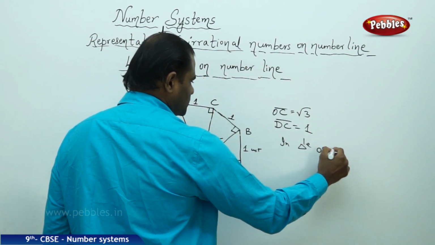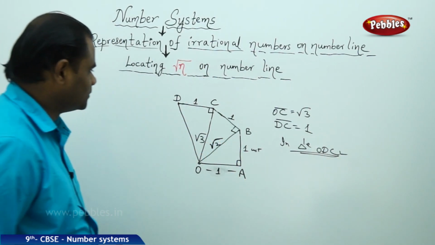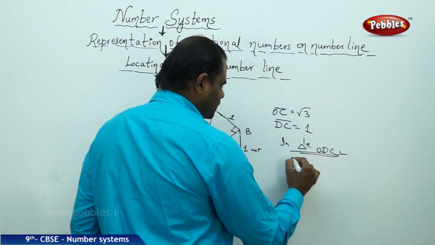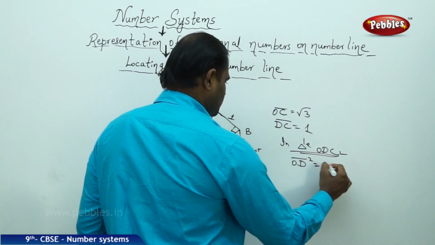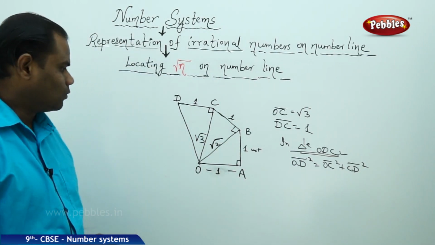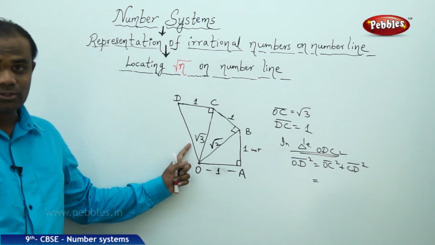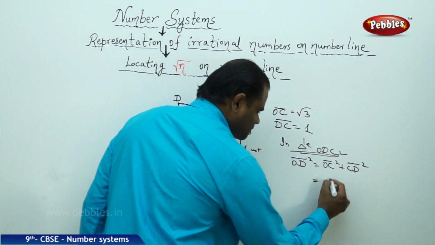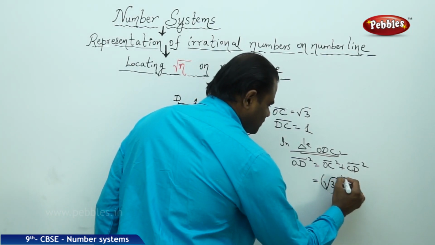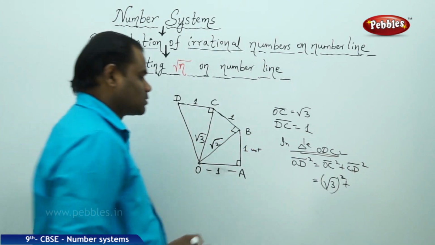In triangle ODC, which is a right angle triangle, I have the Pythagoras theorem which says OD square is equal to OC square plus CD square. Now OD square is what we need to find, with OC being root 3. So I have this to be root 3 square plus CD square, which is 1 square.